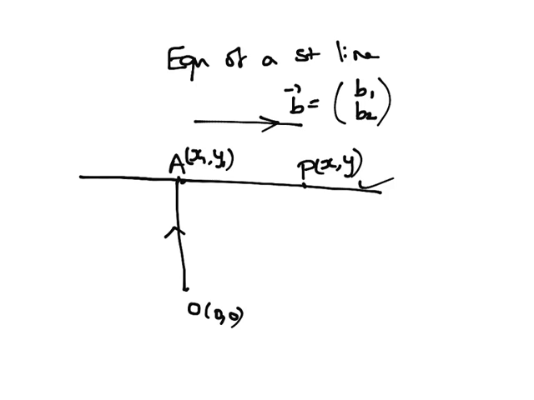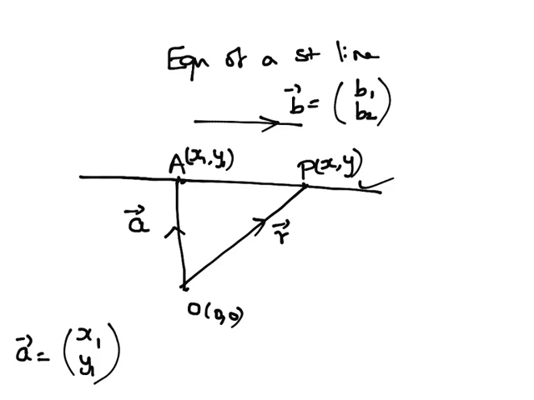So I'll join O with P. Okay. Now I'm going to take this vector as R vector, and I'm going to take this vector as A vector. Right? So A vector is nothing but x1, y1 in matrix form. So if I want to write R vector in matrix form, it will be R vector equal to x and y. Okay. Now how do you find the equation of this line?